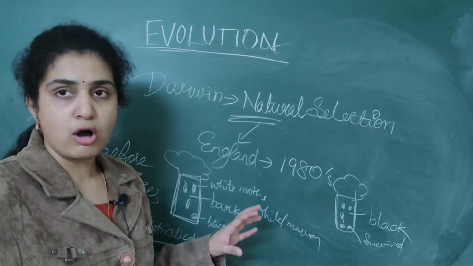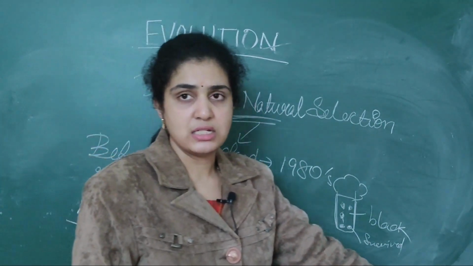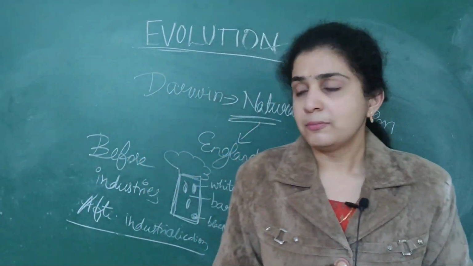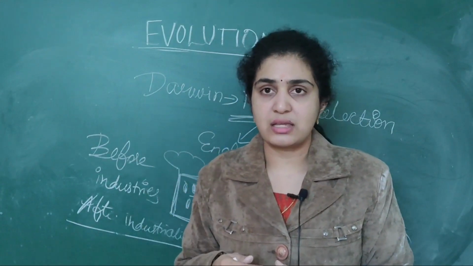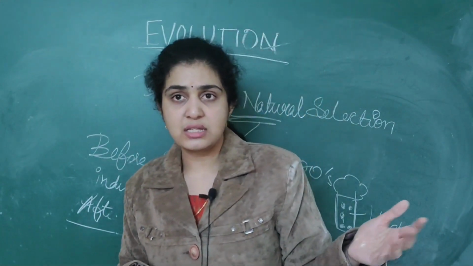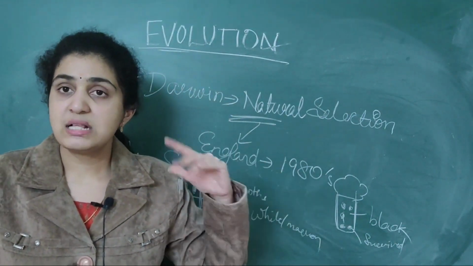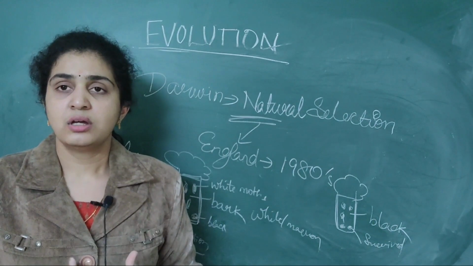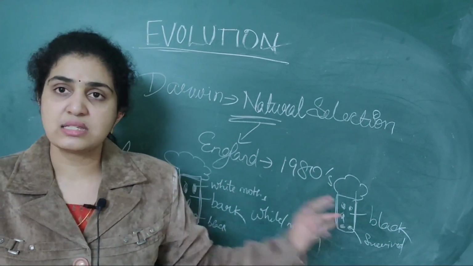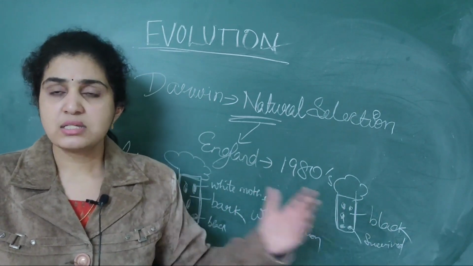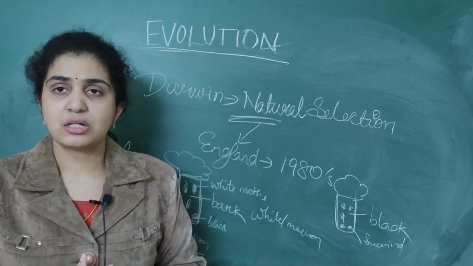So this concept, before industrialization as well as after industrialization, told that the black moths did not survive before industrialization, but after industrialization they were able to survive. That's why nature will select those which it wants only, basically. So nature selects those who can survive. White moths couldn't survive later because the barks of the trees became blackish in color.